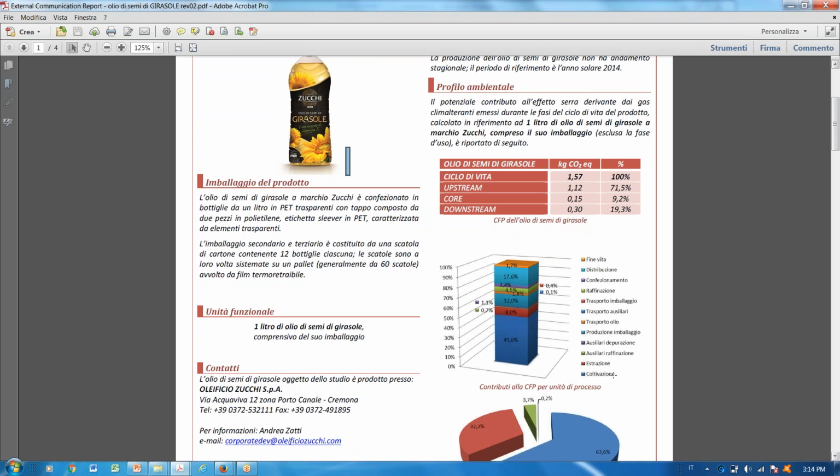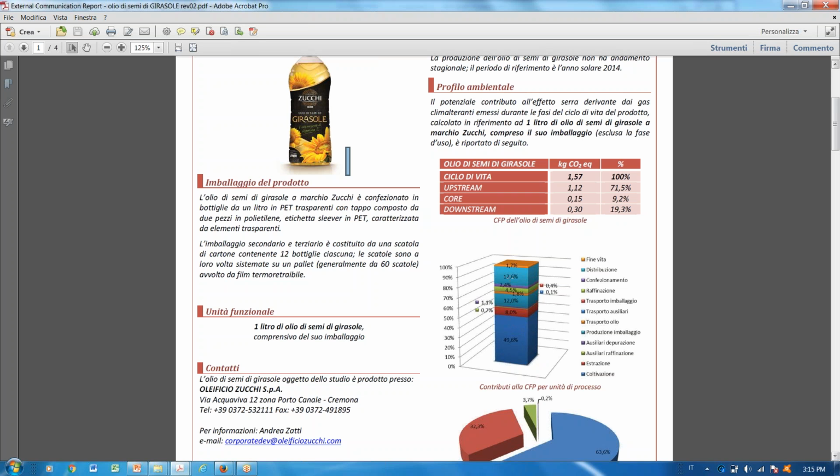As you can see, these are the phases: cultivation, extraction, process inside the company, oil transports, transport of packaging, distribution, end of life. And you can see that the maximum percentage of indicators, which means environmental impact, is related to the cultivation phase.